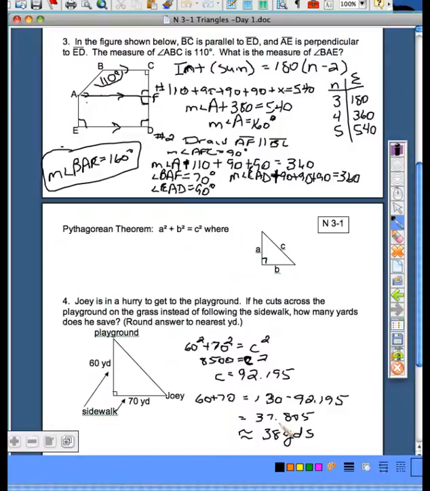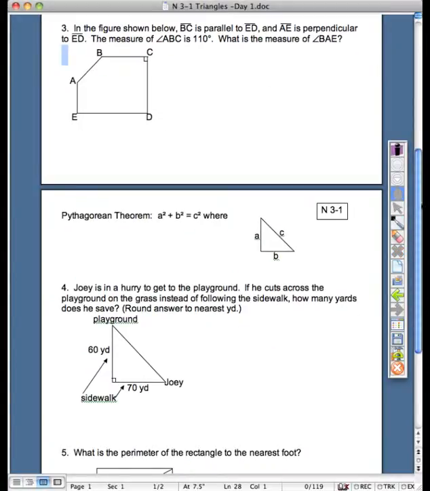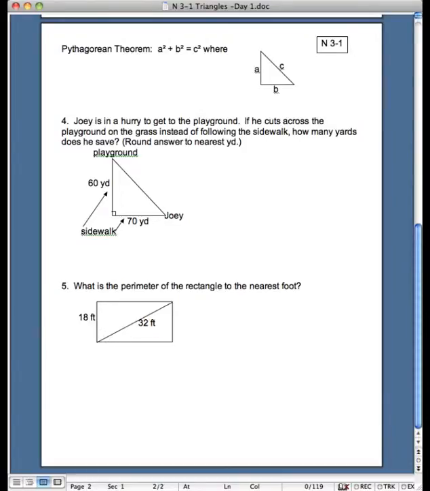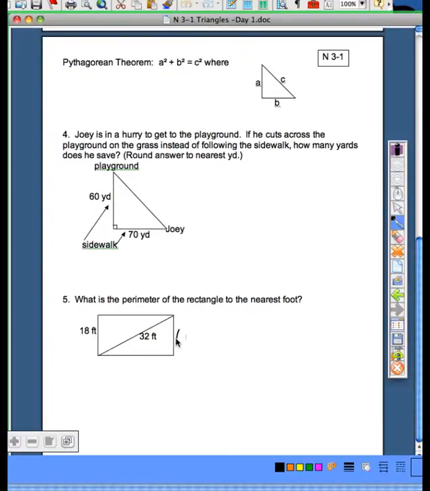Okay, and the last problem, let's go to that for this set of notes, is what is the perimeter of the rectangle to the nearest foot? Well, we know the width, so we know that this is also 18. We know the diagonal, we have to figure out the length, and then we can find the perimeter of the rectangle.